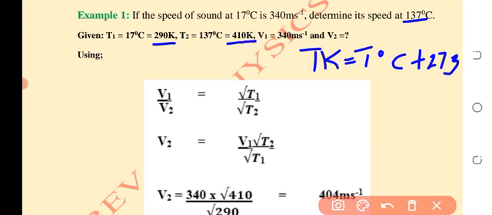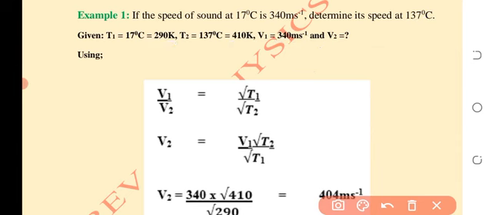Okay, and here we have the temperature. We have the speed at temperature of 17 degrees Celsius, and they ask us to look for the speed at temperature 137 degrees Celsius.